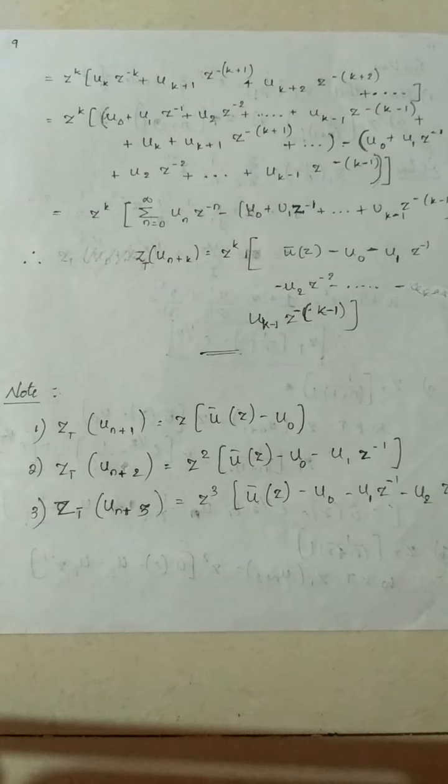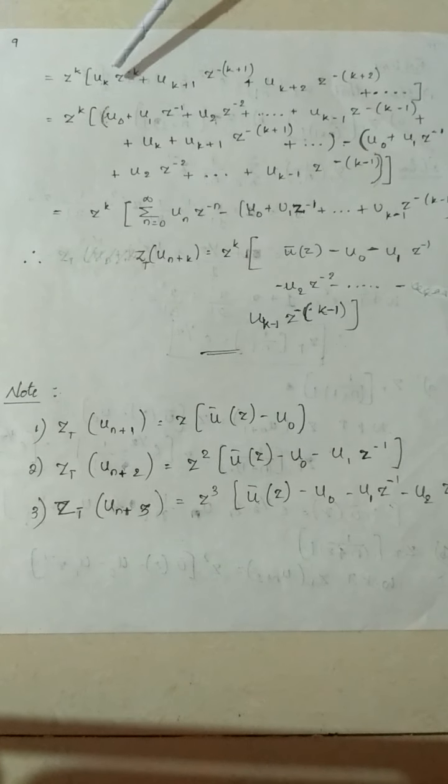On expanding the summation, that is, go on substituting n is equal to 0, 1, 2, 3 and so on, we get z raised to k as it is. This is u k z raised to minus k if you put n is equal to 0. Then if you put n is equal to 1, u of k plus 1 z raised to minus of k plus 1, and so on.